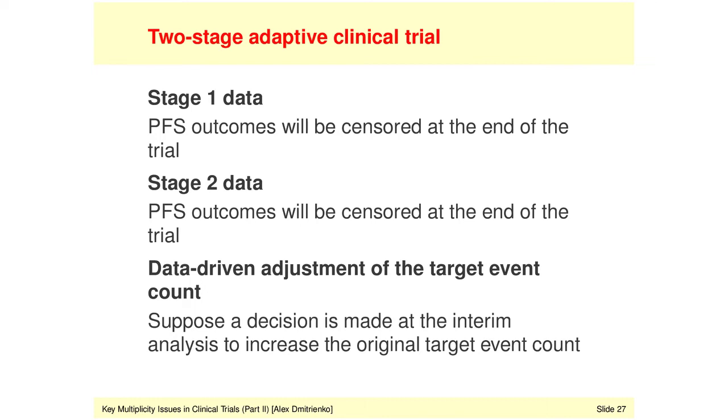Now let's think about a potential impact a data-driven adjustment of the target event count could have on the censoring scheme. For example, suppose that a decision is made at the interim analysis to increase the original target event count. Would that present any problems as far as the independence assumption is concerned?